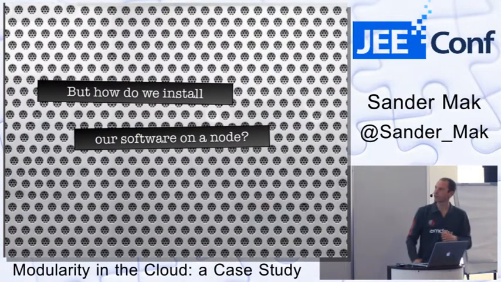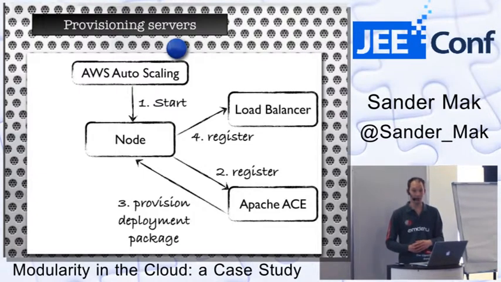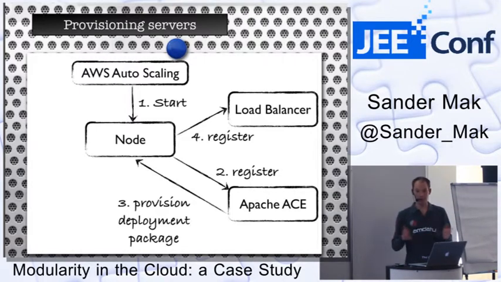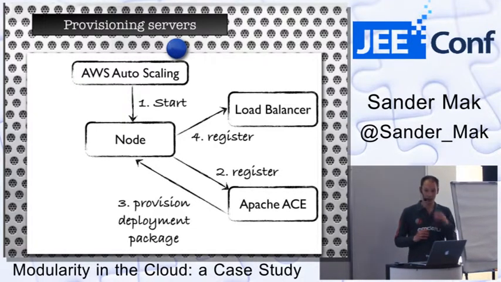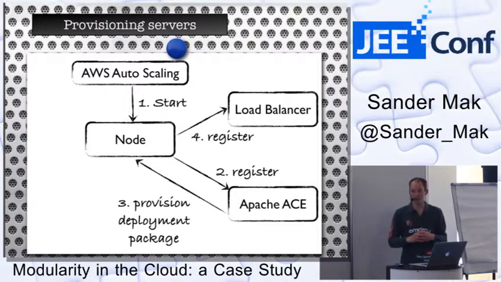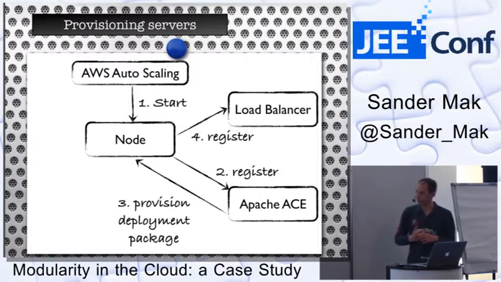So to solve this, we use a provisioning system called Apache ACE. Apache ACE is a general software provisioning solution. It's built using OSGi, but you can use it for other software than OSGi-based software as well. But in our case, we deploy our OSGi-based system through ACE to the actual service that we have at Amazon.